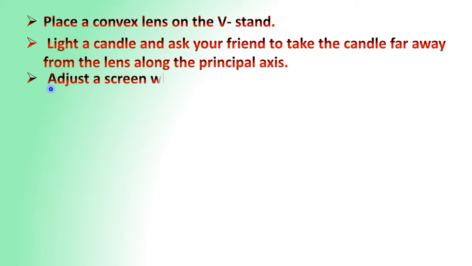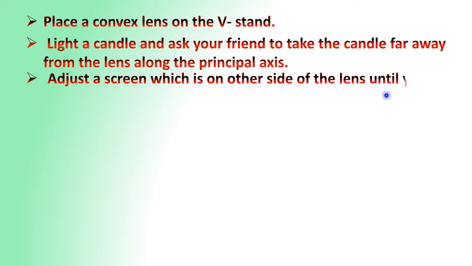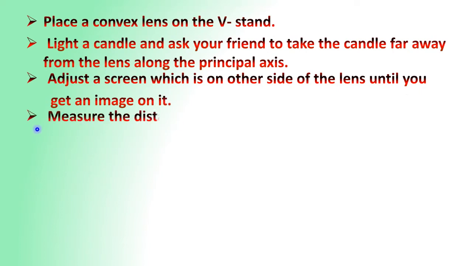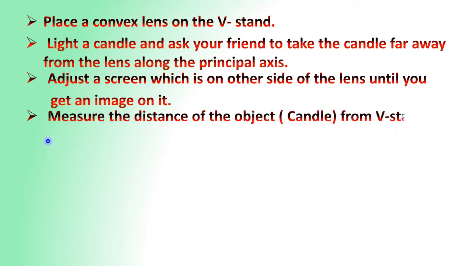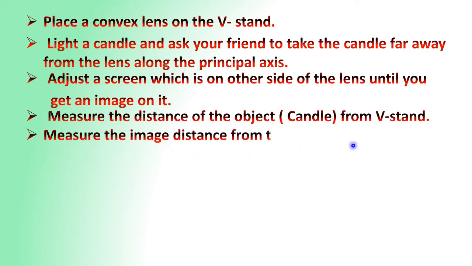Next, adjust a screen which is on the other side of the lens until you get an image on it. Measure the distance of the object from V-stand. Similarly, measure the distance of the image from the V-stand.